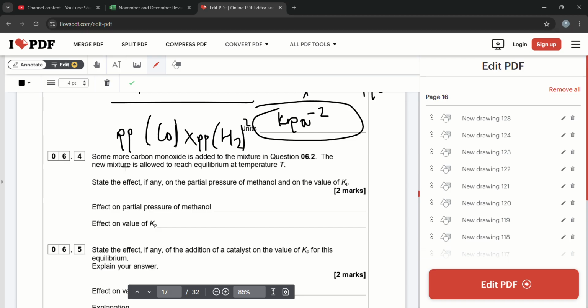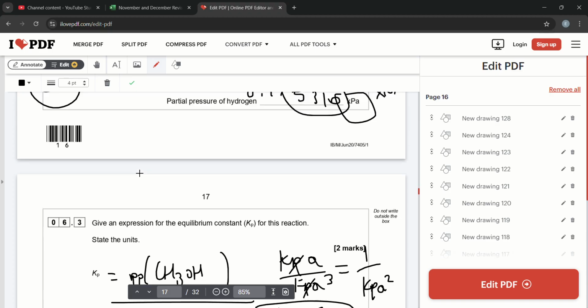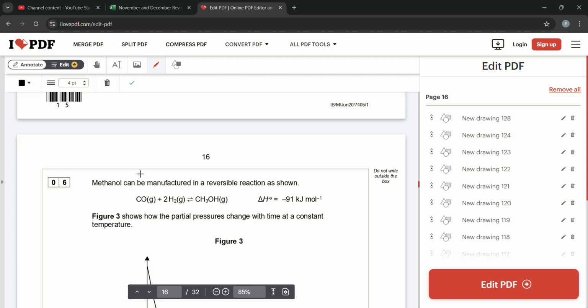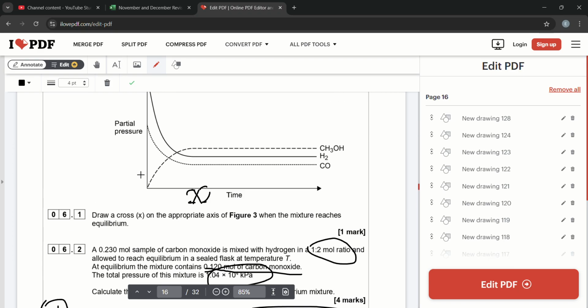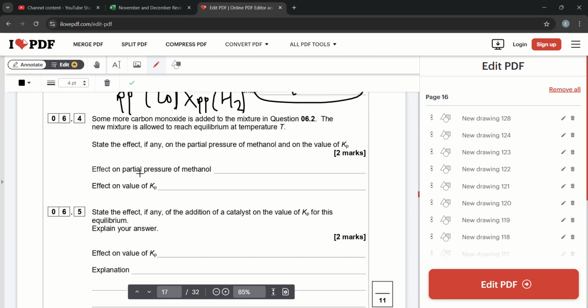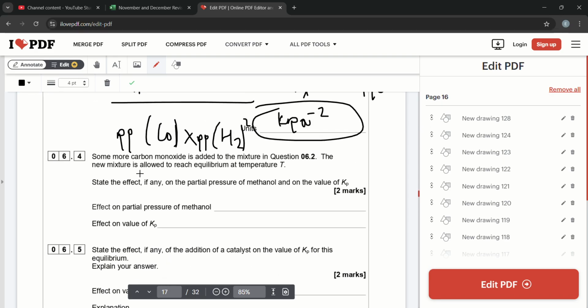Well, if you're adding more carbon monoxide, the effect on the partial pressure of methanol is that it's going to increase.